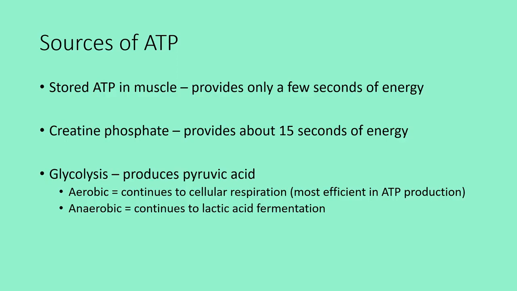Some organisms, such as some fungi and bacteria, can carry out alcohol fermentation, and we've learned how to capitalize upon that. But thankfully, we humans, certainly, and other animals cannot carry out alcohol fermentation in our cells. We carry out lactic acid fermentation. So when oxygen is not present, the pyruvic acid will be converted to lactic acid. That will provide a little bit of ATP kind of to keep you going until you can get more oxygen.